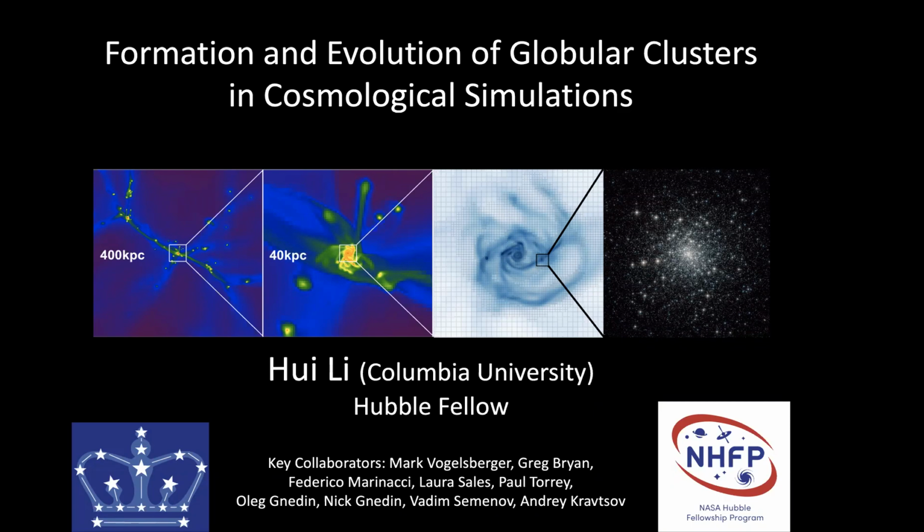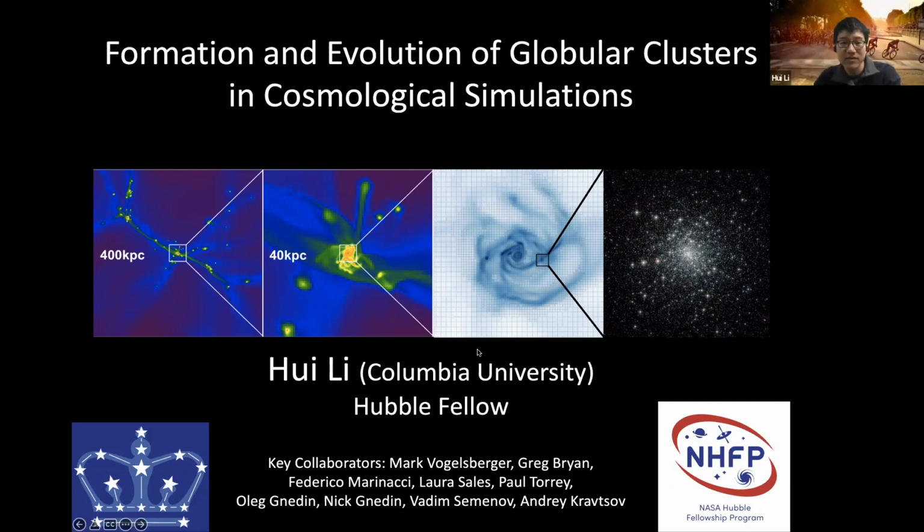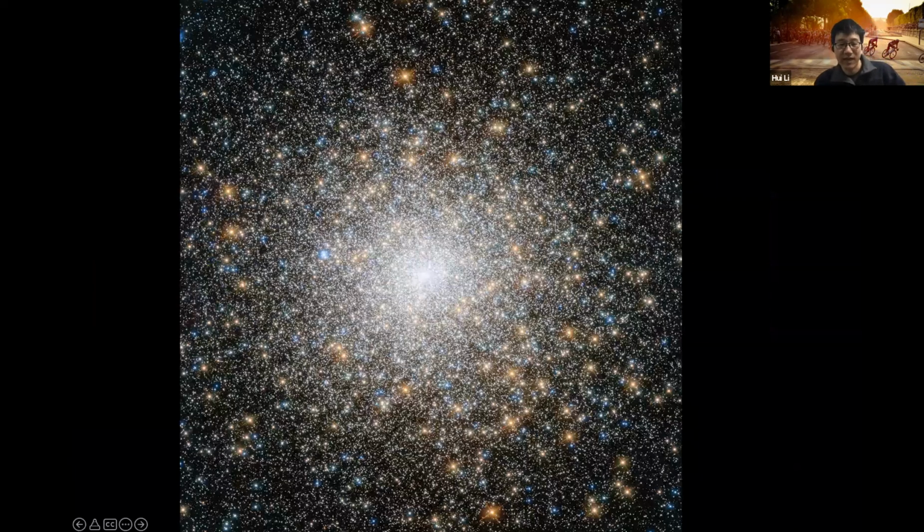So here is a typical globular cluster, M15. This is one of the brightest globular clusters in the sky, and under some good conditions, you can actually see this with your naked eye. But it will look a lot fuzzier. It's like a fuzzy cloud of stars.